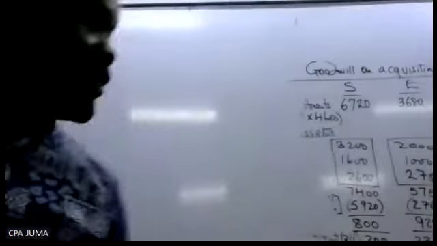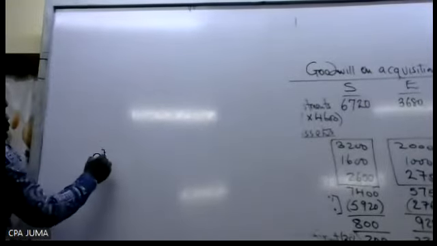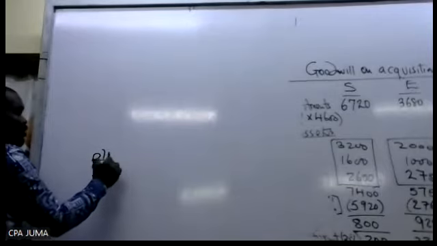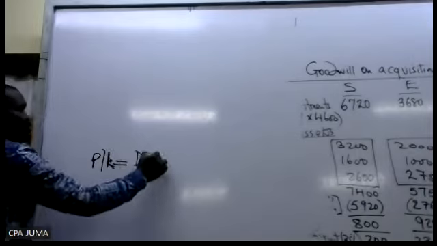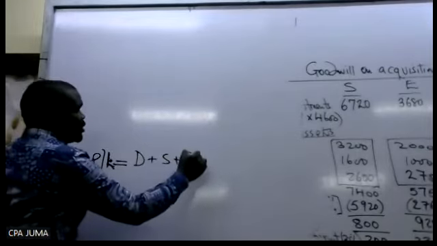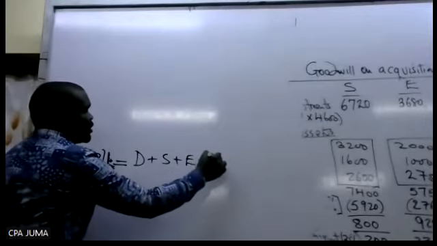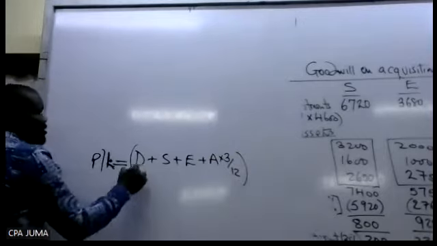So let's do the presentation. Remind me, how are we going to do the P&L? Because now that is the question itself. Profit account, we are going to take B plus S plus E plus A for 3/12.